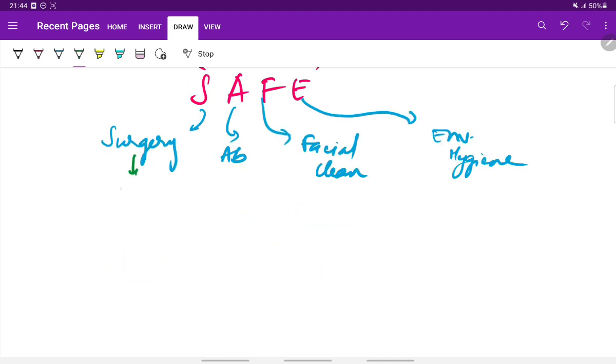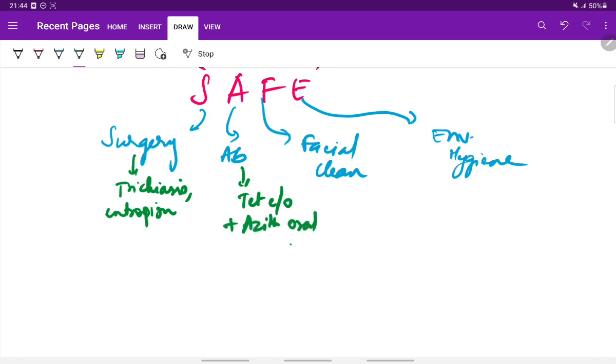Surgery is performed for trichiasis and entropion. Antibiotics. The antibiotics given are tetracycline eye ointment along with azithromycin orally single dose.